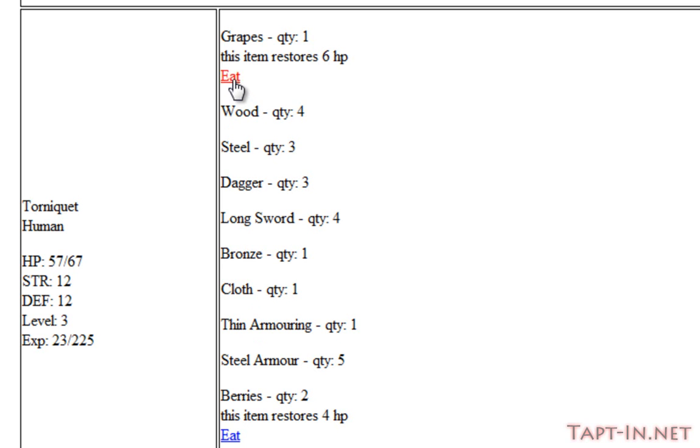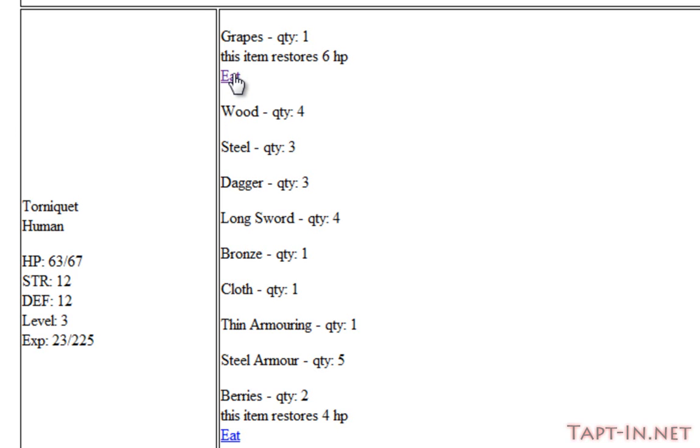So we keep eating, and if we add 6 HP onto 63, our HP will end up going to 69, but as we've only got a maximum HP of 67, if we eat one more grapes, we will hit our maximum HP, and this shouldn't go over 67.